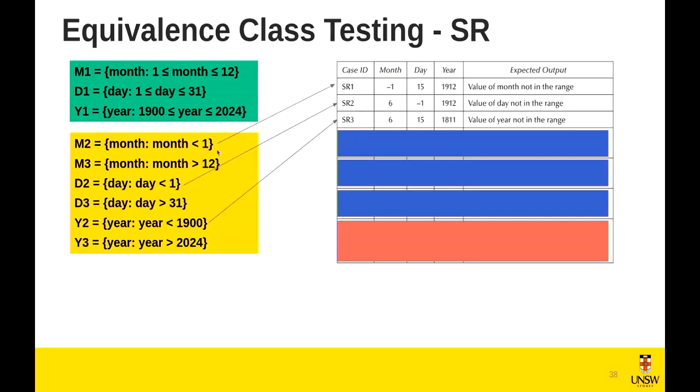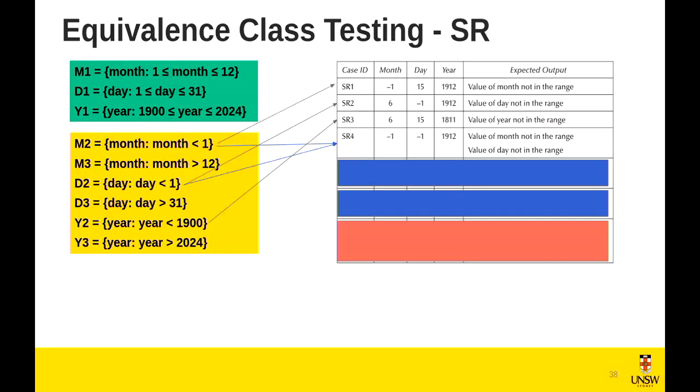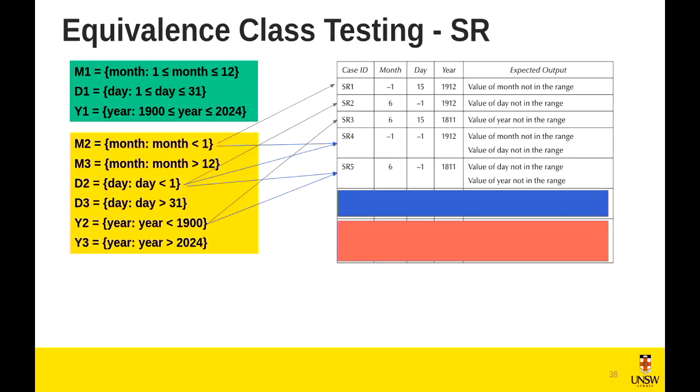So what we do now is we make 2 of them invalid at a time. We can first consider the case by making both month and day invalid, and this will give us this test case. And we can consider making both day and year invalid, and this will give us another test input.